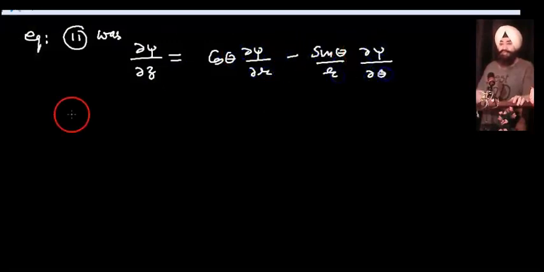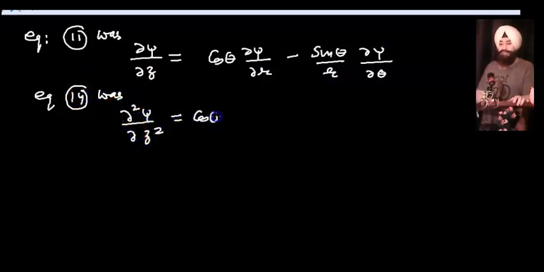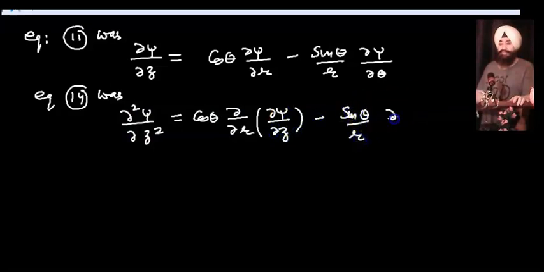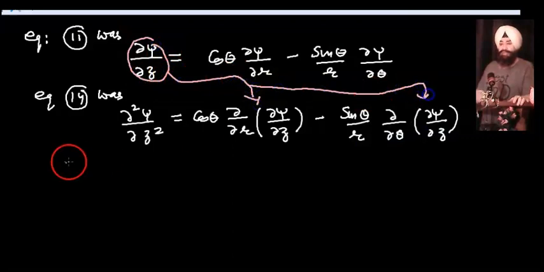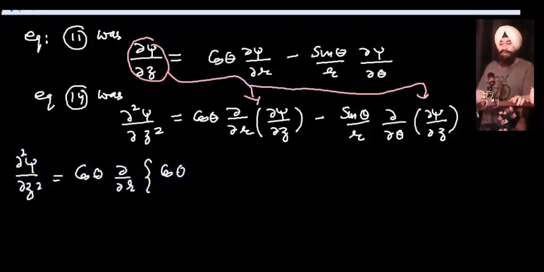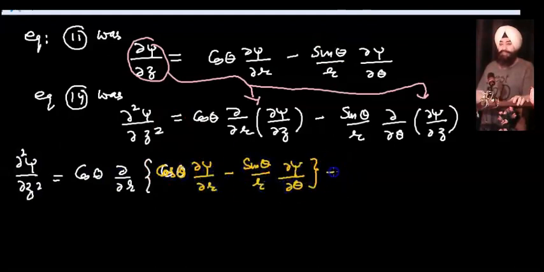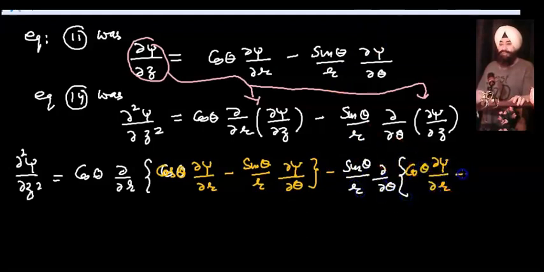Now equation 11 was, and 14 was, substituting here curly psi by curly z. So curly squared psi by curly z squared becomes, okay.